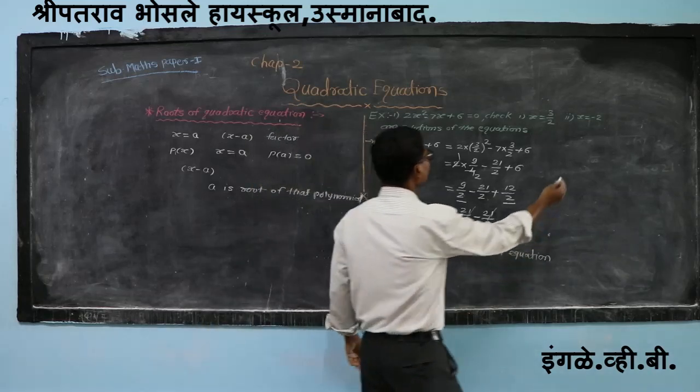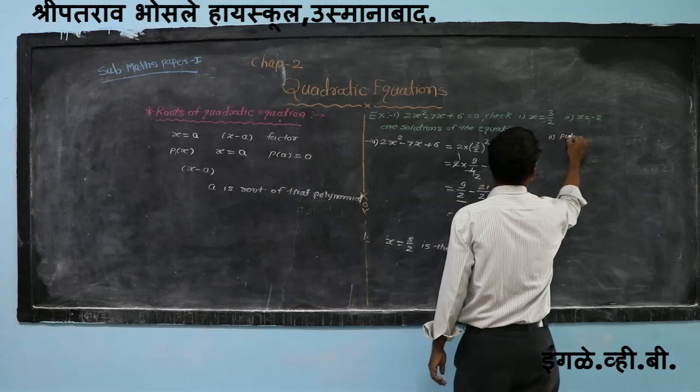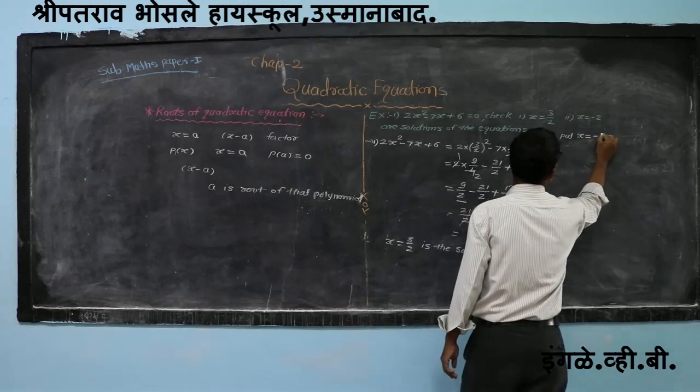Now the second example. Put x equal to minus 2.